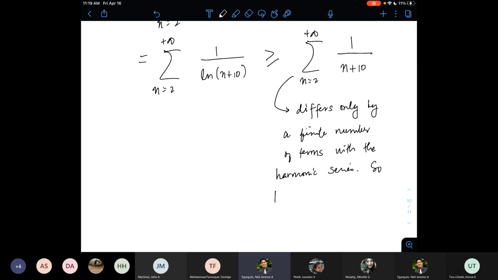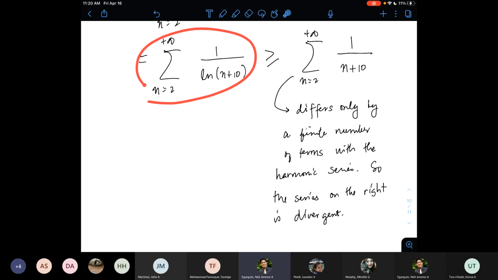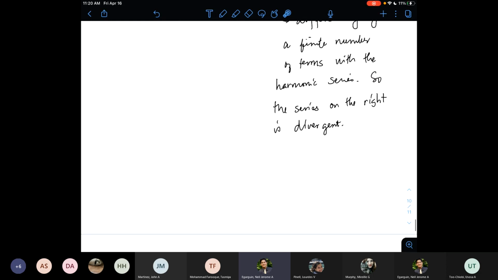So the series on the right is divergent. You could have also used the limit comparison test for this guy. You will see that the limit will be a constant if you compare it with the harmonic series, so they will both diverge. So this is divergent, but our given series is larger than that divergent series.